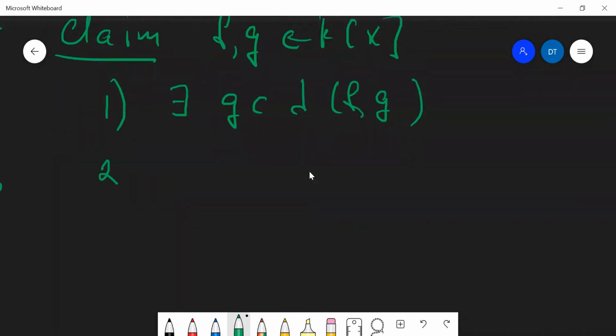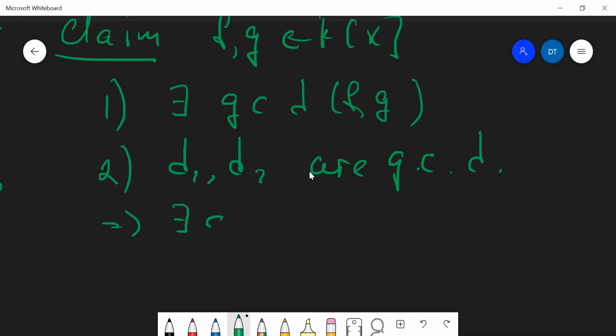The second claim says that if d1 and d2 are greatest common divisors, then there exists an invertible constant c such that d1 equals c d2.